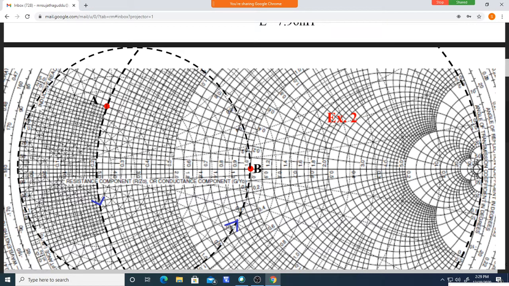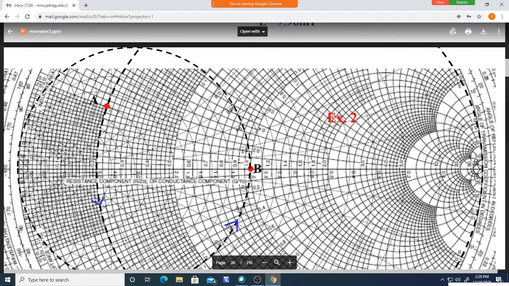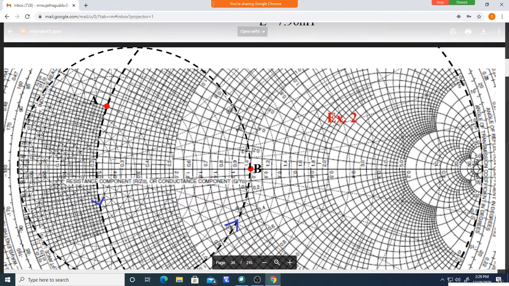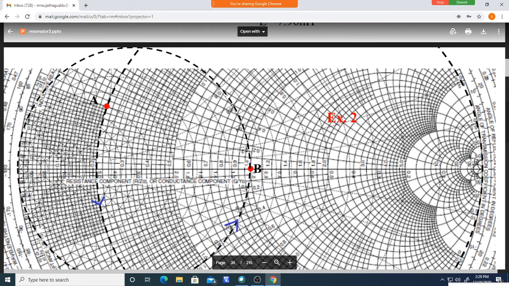You should move such that after moving you reach the G = 1 circle or the R = 1 circle. Now from here I try to move on the conductance circle. If I move on this conductance circle in the clockwise direction, I never reach the G = 1 circle or the R = 1 circle.